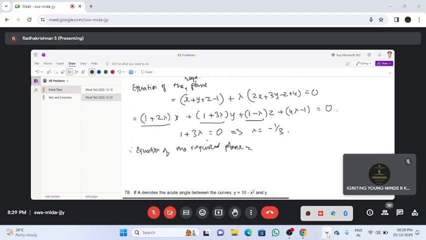1 plus 2 lambda, 1 minus 2 by 3, or x by 3, plus 1 plus 3 lambda, so that is 0. 1 minus lambda, so that means 4 by 3, plus 4 minus 4 by 3 minus 1.